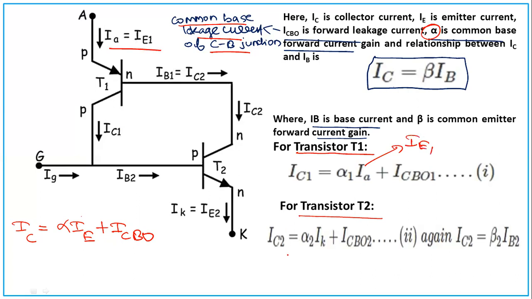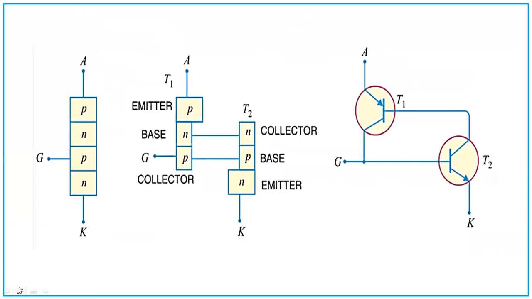For T2, IC2 is equal to alpha 2 into IK, where IK is equal to IE2, see this figure, plus ICBO2. And IC2 will be equal to beta 2 into IB2 from the earlier equation. So we have equation 1 and equation 2.